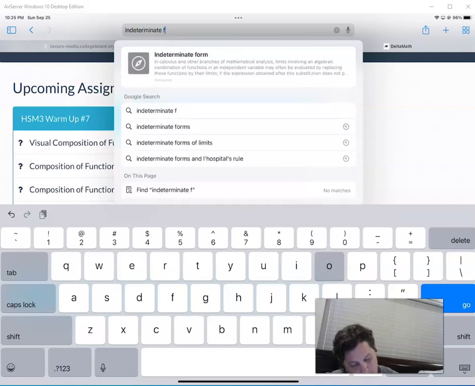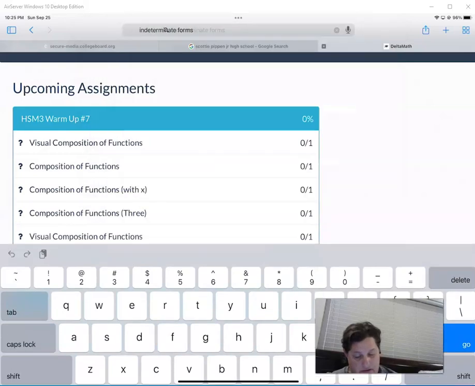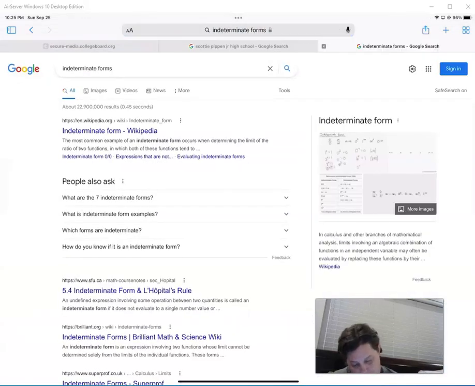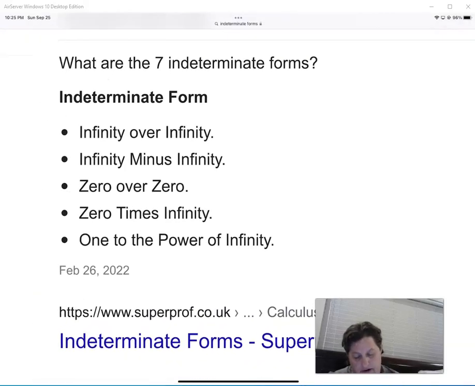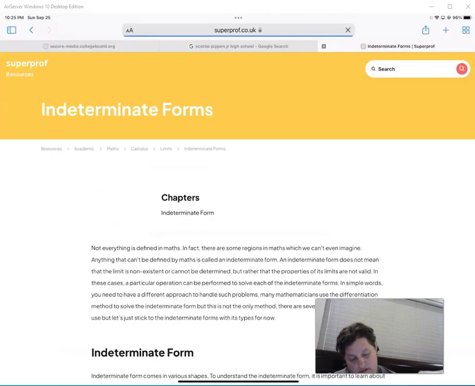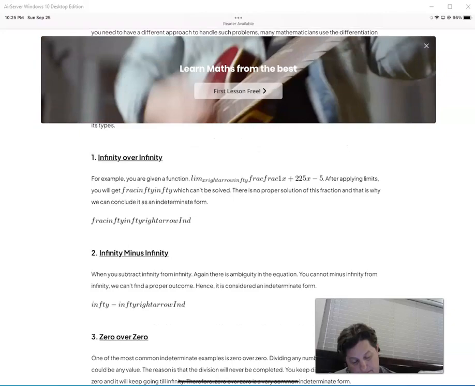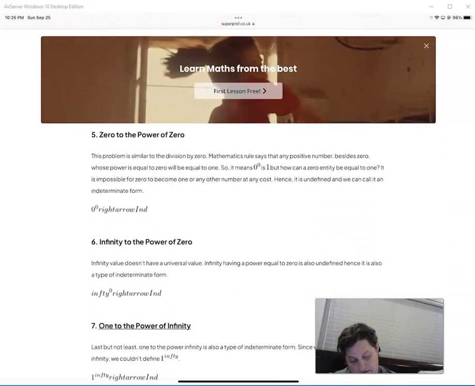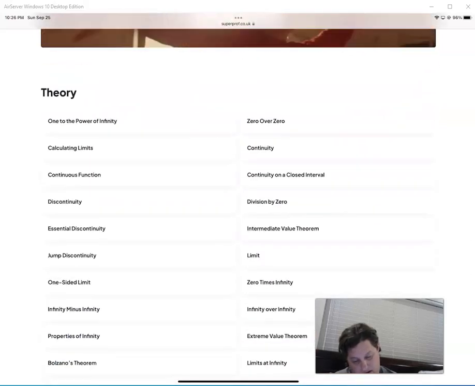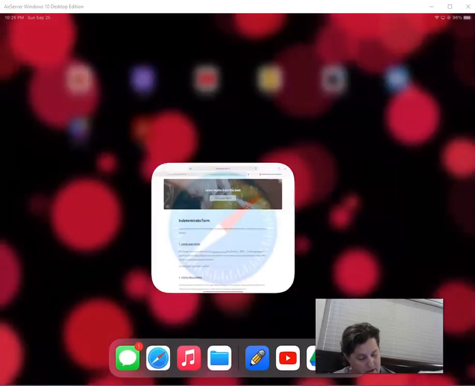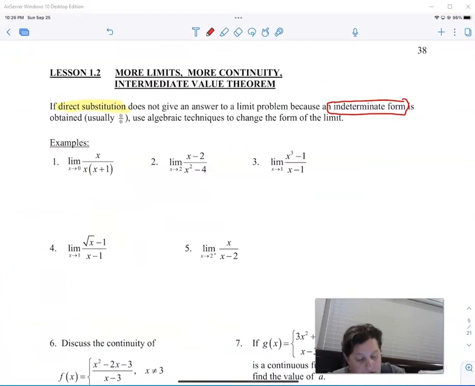I think there are 7. We usually only use a couple. What are the 7? Infinity over infinity, infinity minus infinity, 0 over 0, 0 times infinity, 1 to the power of infinity. Anyway, the one we're going to use the most often, you guys, is 0 over 0.